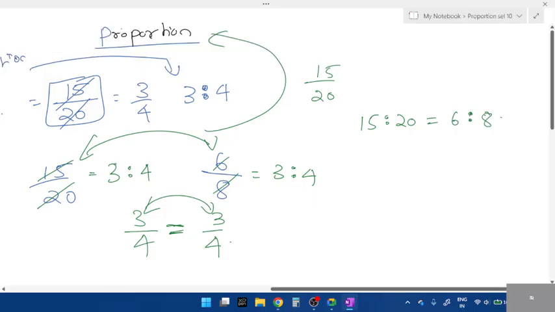Can you see I've written both in ratio form, right? And instead of is equal to, there are actually 4 dots. This is the concept of proportion.